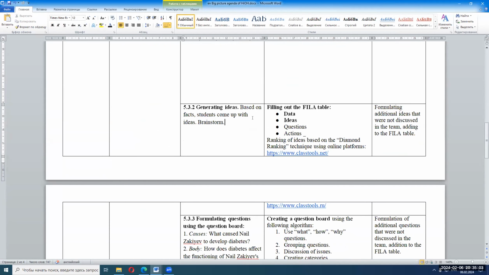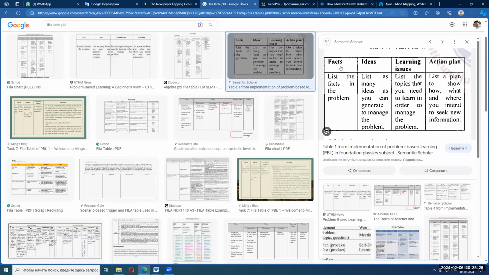Then generating ideas. FILA, it's a technique: facts, ideas, learning issues, action plan. How to solve it.